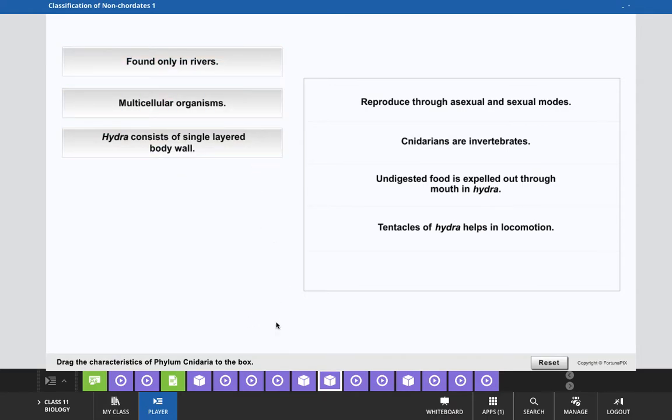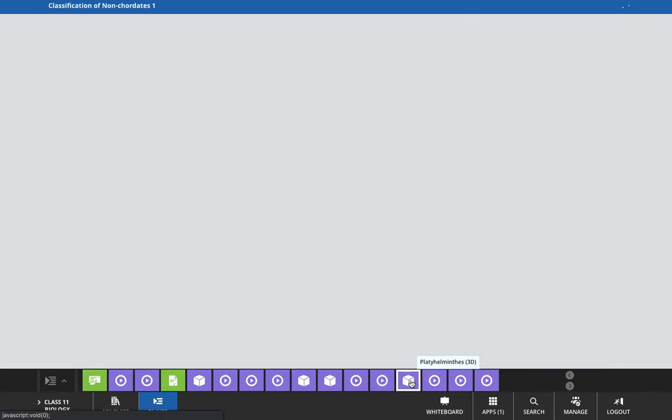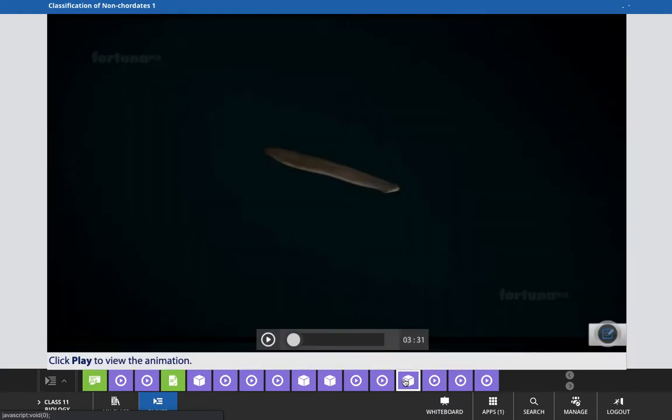Okay. Now with that, in today's class we have shared the characteristic features of Cnidaria and Ctenophora. And about Platyhelminthes, we are not talking about the Platyhelminthes here.